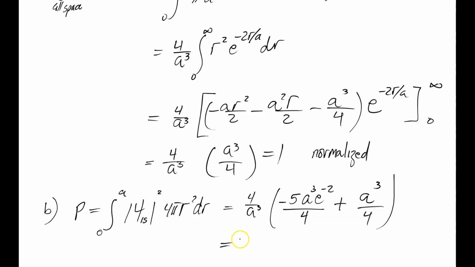And this equals minus 5 e to the minus 2 plus 1, which is about 0.323.